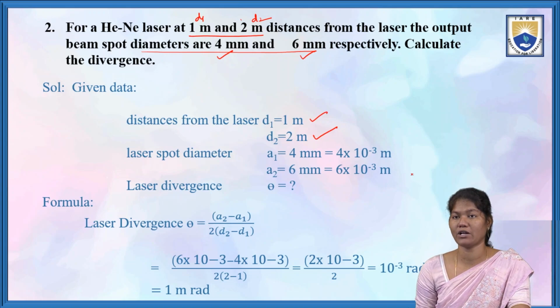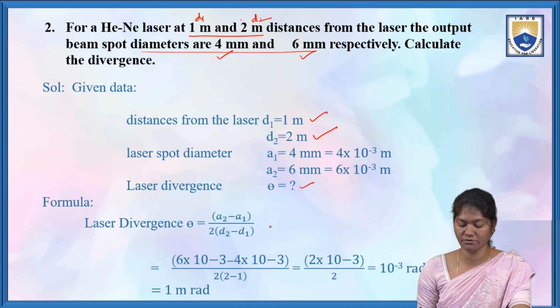Now we have to calculate laser divergence theta. So the formula for laser divergence is theta is equal to A2 minus A1 by 2 into D2 minus D1.